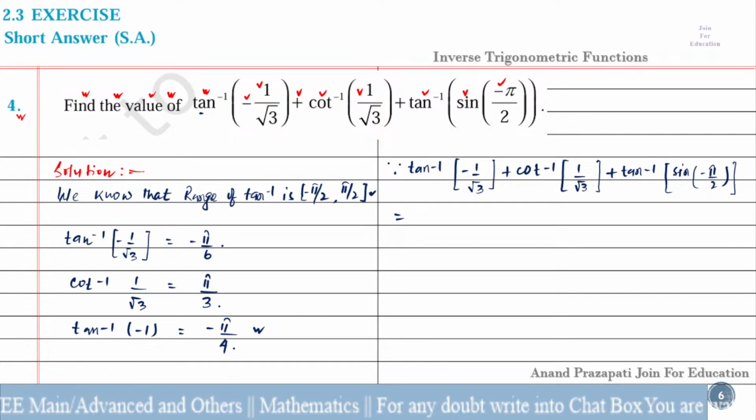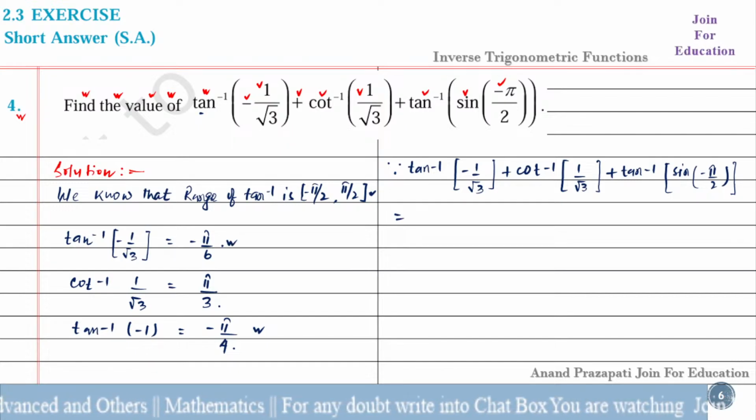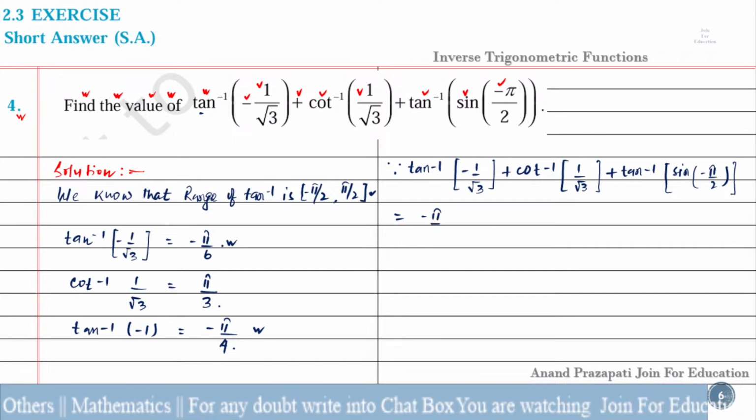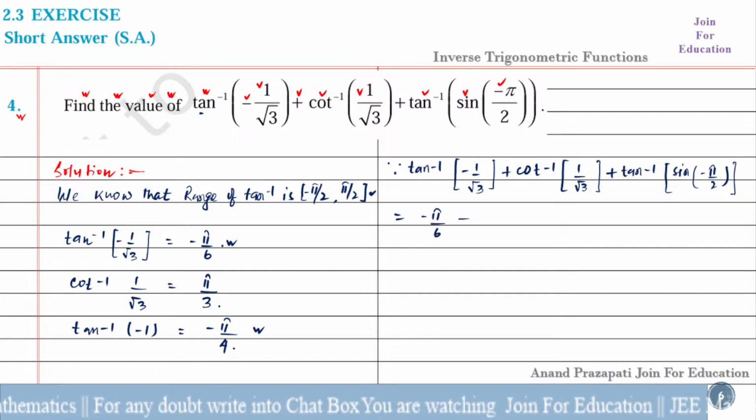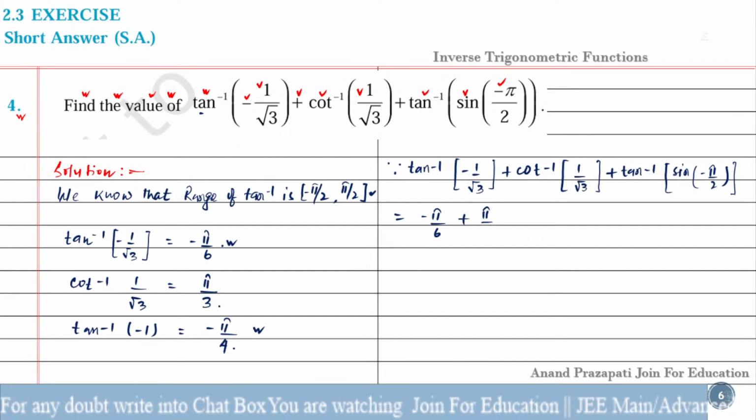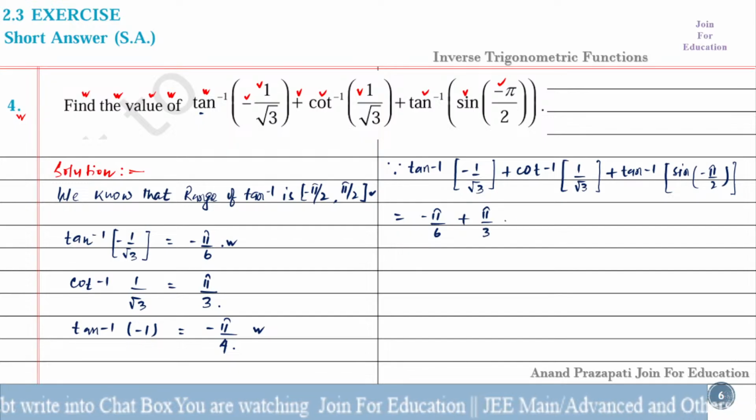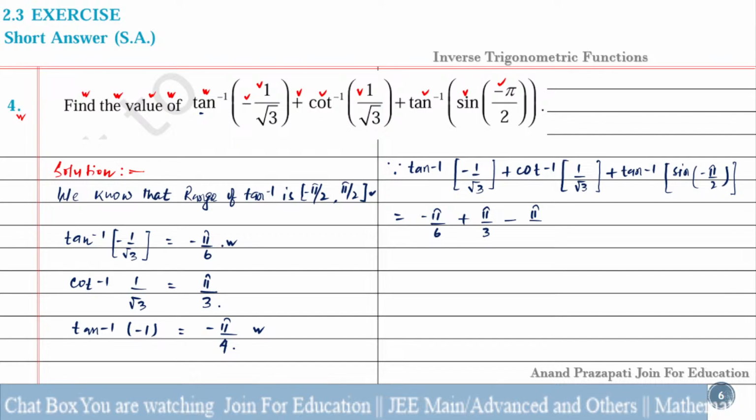So the value will be minus pi by 6 plus pi by 3 minus pi by 4.